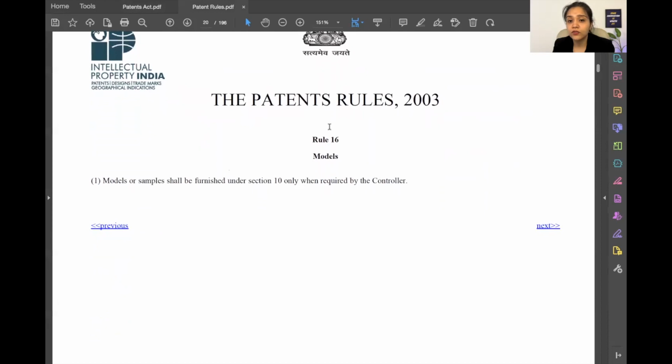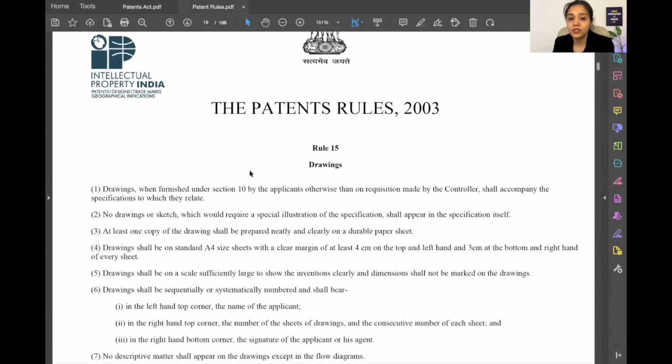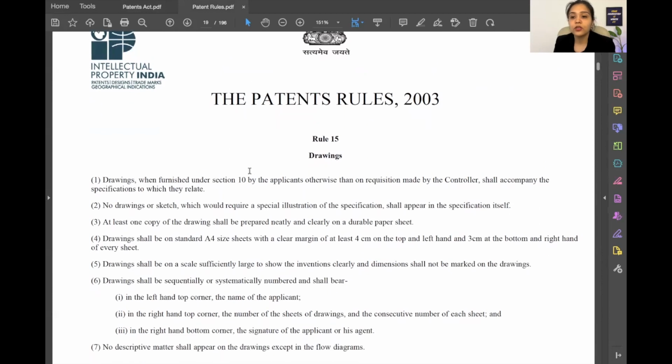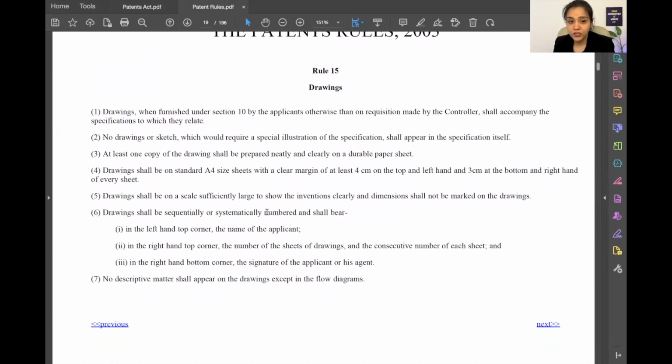And for models, we have Rule 16, which says models or samples shall be furnished under Section 10 only when required by the controller. So we do not have any obligation to submit models or samples, but drawings form part of the specification. And whenever you submit drawings with your patent application, they are considered as forming part of the specification.